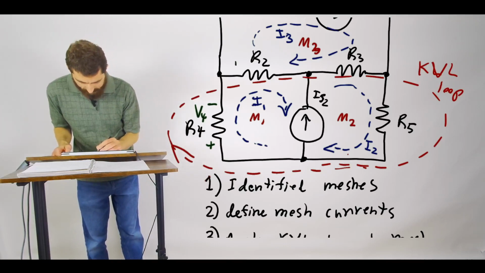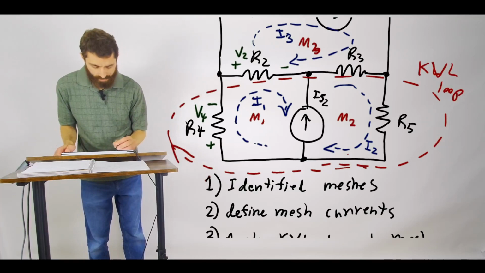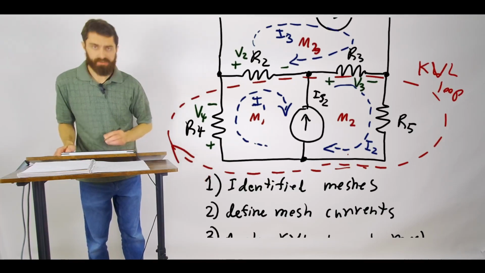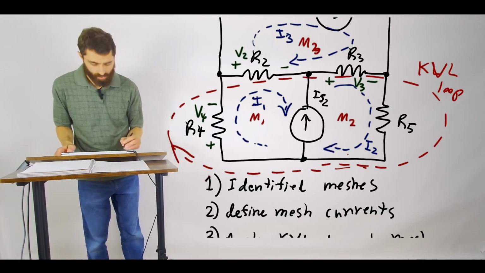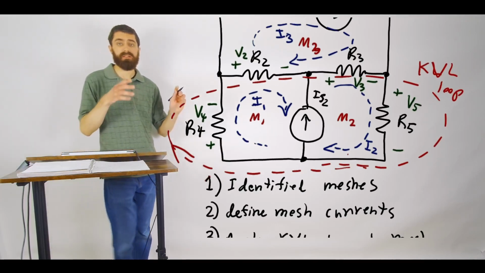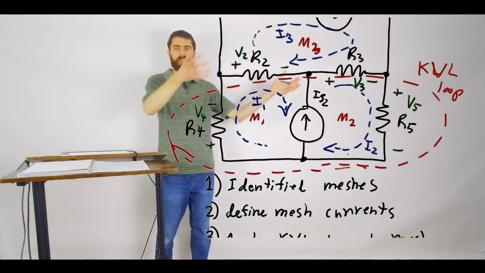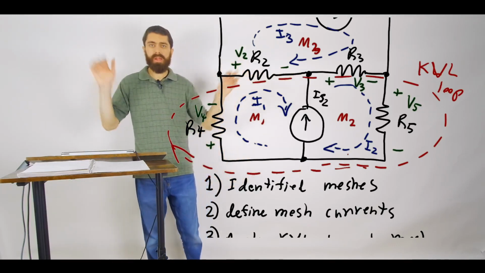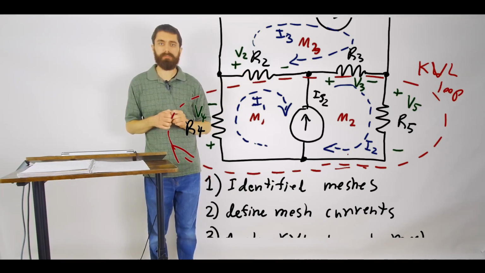Then I'll label this as plus or minus V2, the voltage across R2, and then plus or minus V3, the voltage across R3, and then plus and minus V5, the voltage across R5. And again, I just arbitrarily assigned an orientation for that. It'll all work out in the end with the math.